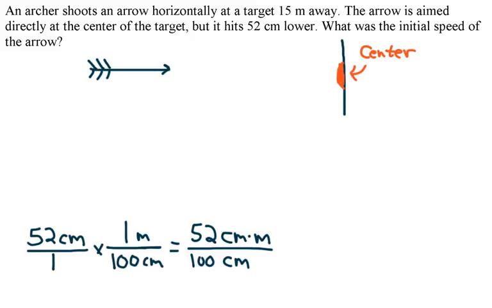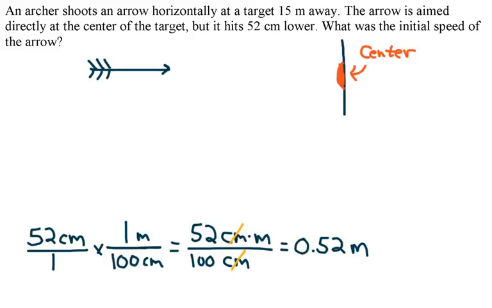It's really easy to see if we treat our units just like they're numbers or variables. We've got centimeters divided by centimeters, so my centimeters cancel, and I'm left with just meters, which is what I want. So 52 divided by 100 is 0.52, and then meters, which is the only unit that I have left over.